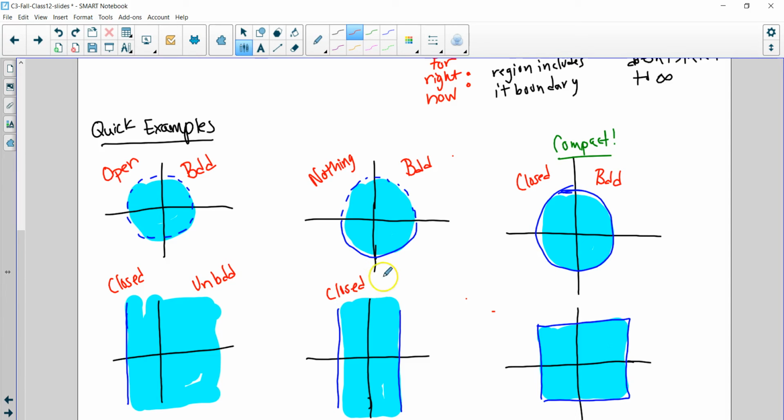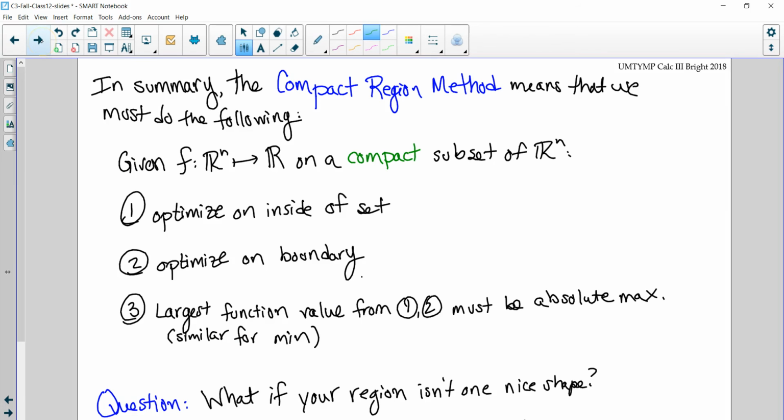But since it does stretch off to infinity in both directions vertically, I would say that this is unbounded. And then the last one should be closed and bounded, and therefore it is compact. Yay, compact. That was just a brief summary of closed and bounded and all those ideas.